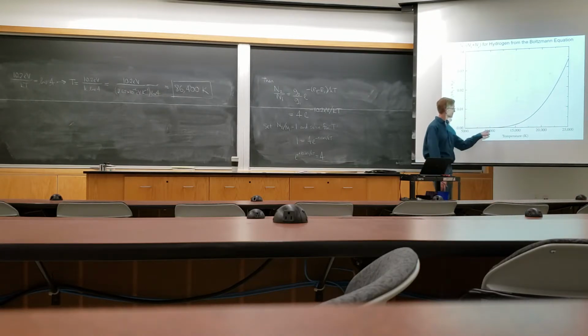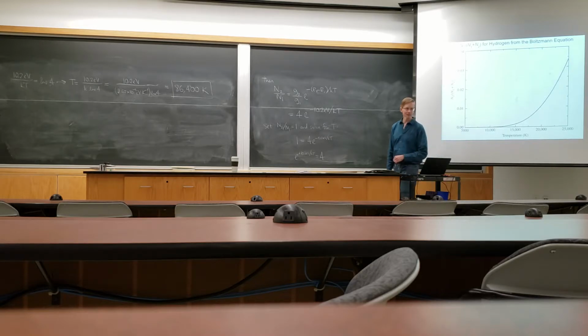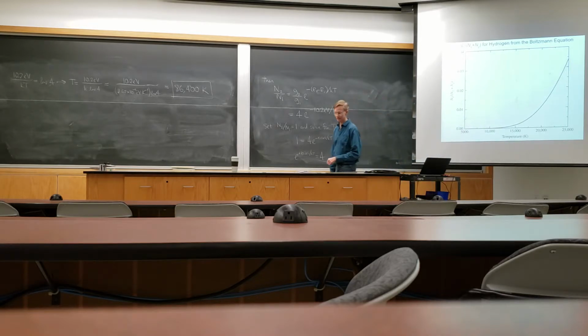And notice at 10,000 Kelvin how tiny the fraction is. We already looked ahead and said 10,000 Kelvin is where I get strongest hydrogen lines. Only a tiny fraction of the hydrogen atoms are at n equals 2 at the ideal temperature of about 10,000 Kelvin for making hydrogen lines.